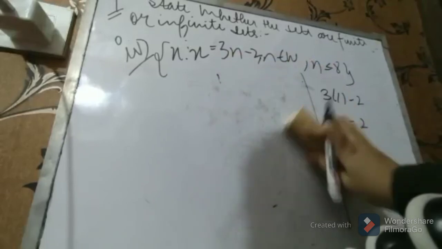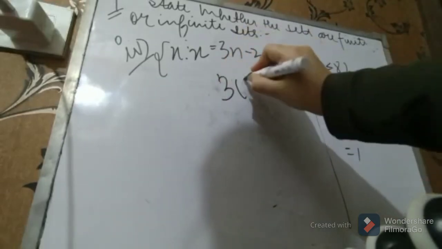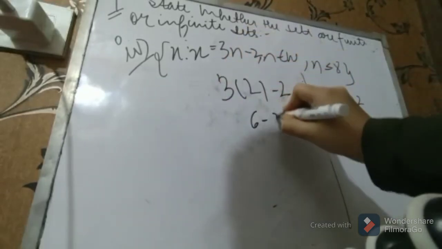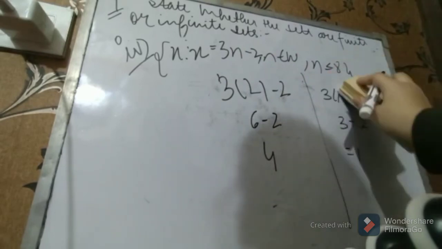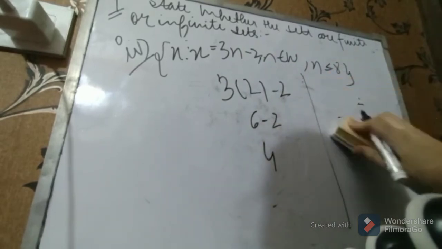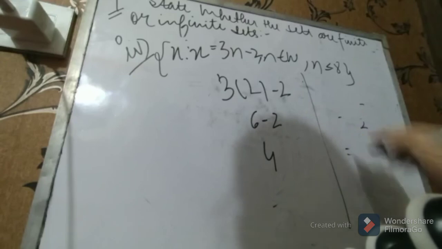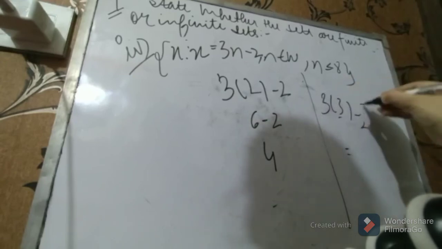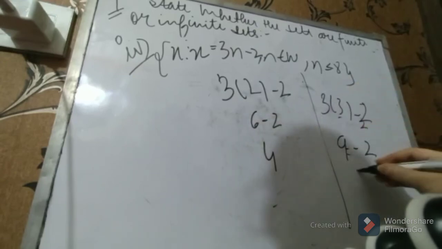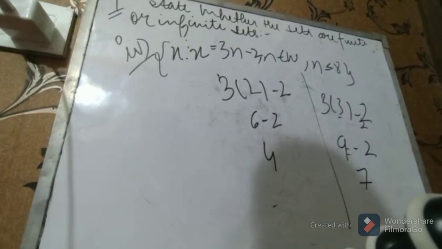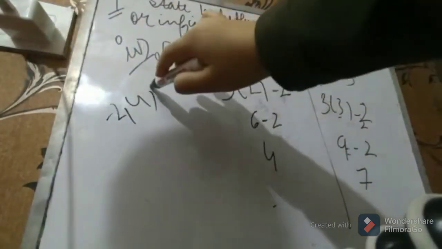Then if your n is 2, then 3 into 2 minus 2 would give you 6 minus 2, that is 4. If your n is 3 now, then 3 into 3 minus 2, that will give you 9 minus 2, that will give you 7, right? So what did we get first of all? Minus 2, 1, 4, 7, right?